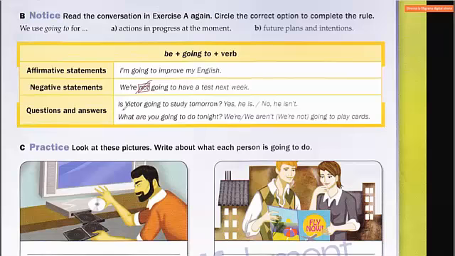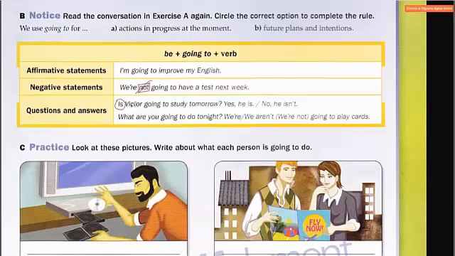Questions and answers. Is Victor going to study tomorrow? As you can see here, we're starting with a verb. This verb is the verb to be, okay? And these kinds of questions are usually called yes-no questions, okay?